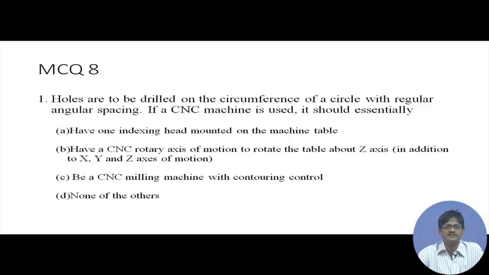We can just reach those holes as we know their coordinate positions. Circular motion as such is not necessary, and point to point machines are those machines in which once you reach the end point, the path is not important. You need not necessarily move through those points in a circular manner. You just have to attain those positions. Okay. So, none of the others is the correct answer here.